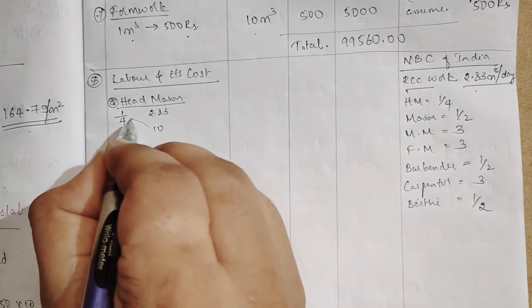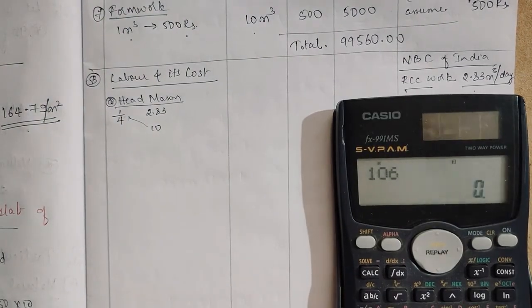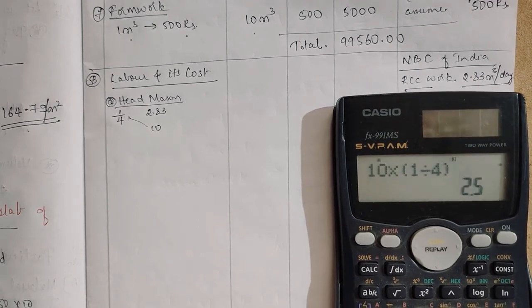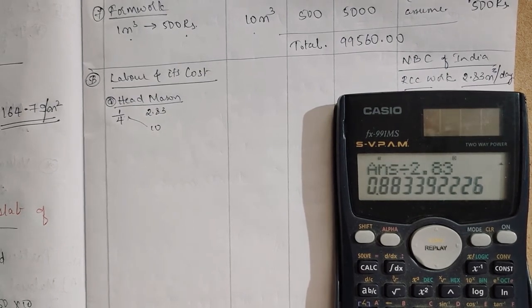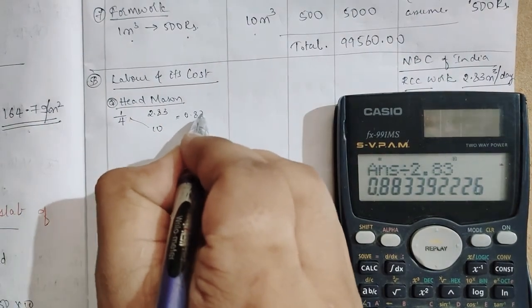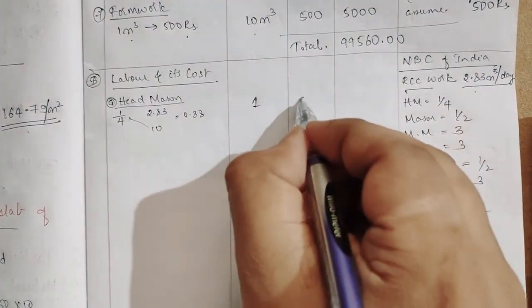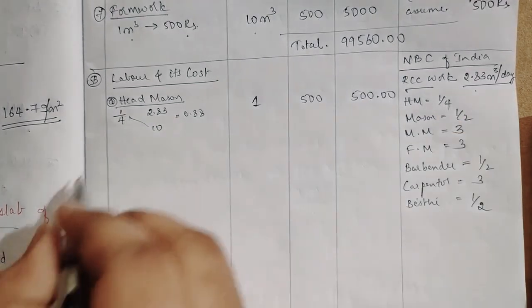So 10 into 1/4 divided by 2.83. 0.88 will come. So I'll take head mason as 1. So cost is 500. So total cost will be 500.